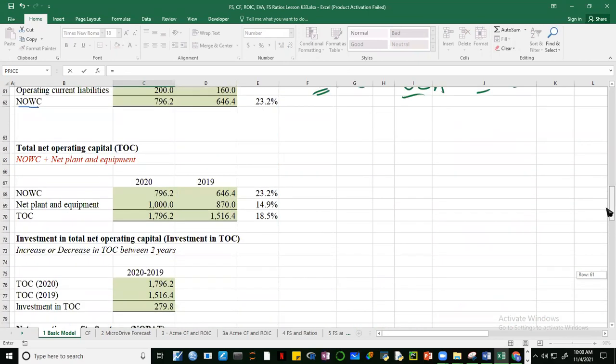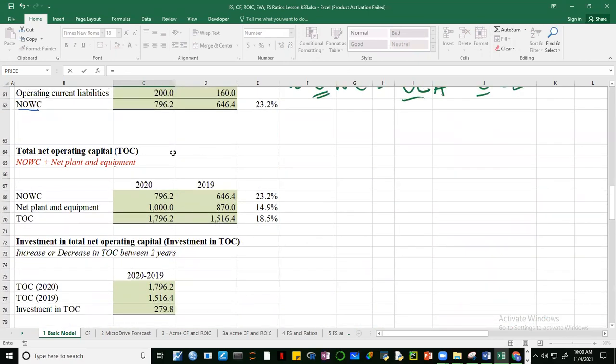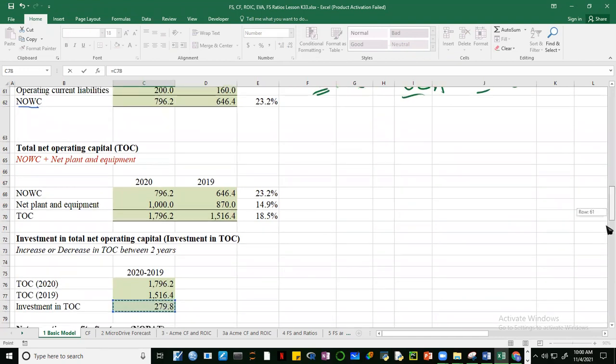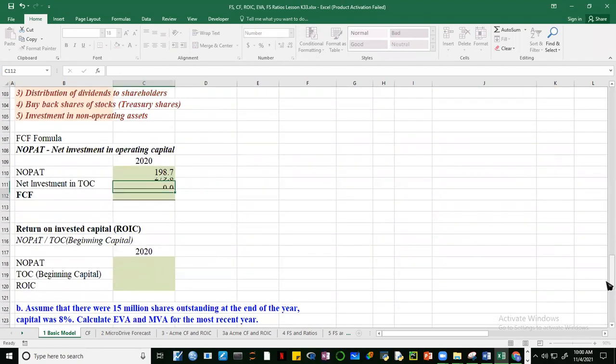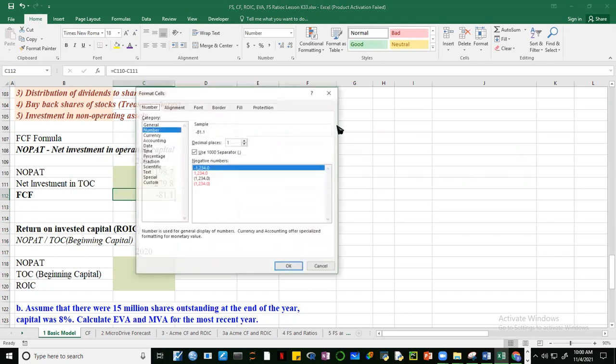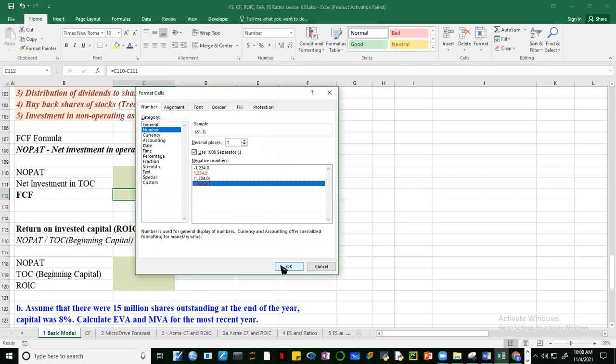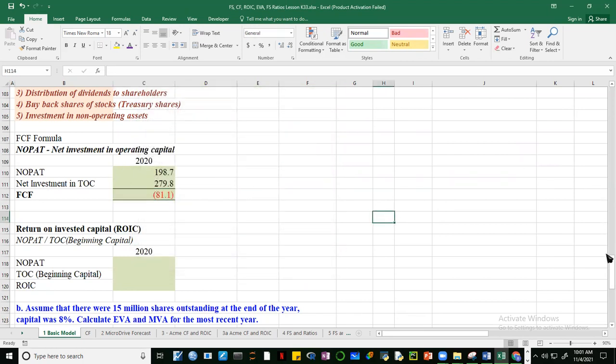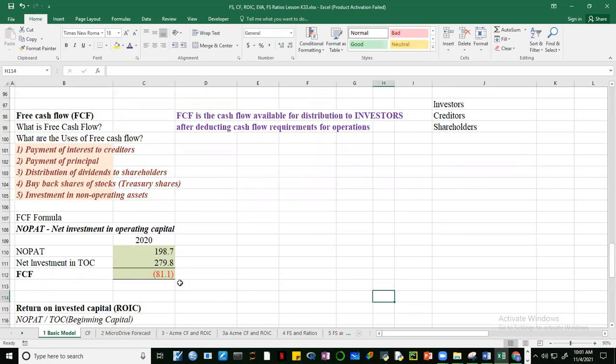At the beginning of the period, it was 1516. At the end of the period, it was 1796 operating capital. Then the investment was 279.8. That was the amount invested in operating capital for the year. Therefore, our free cash flow is equal to, let me just format this, negative 81.8.